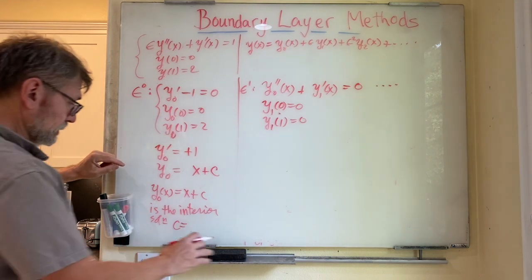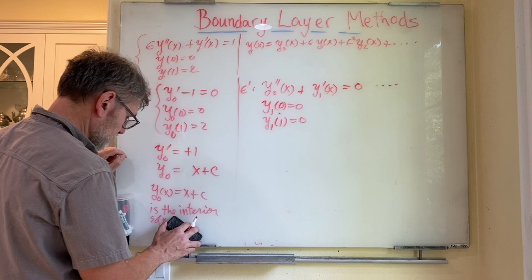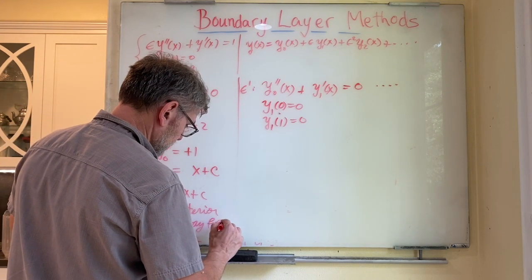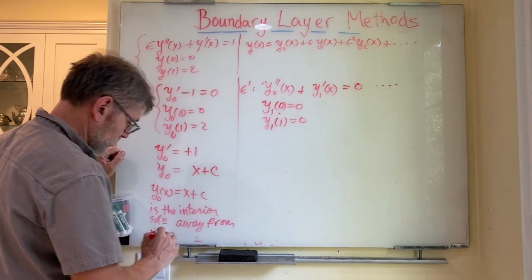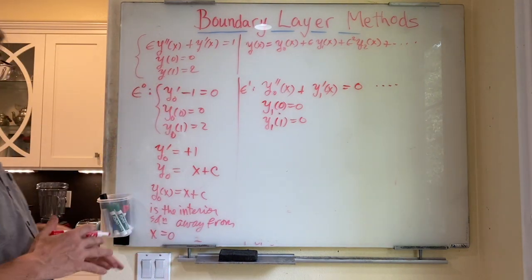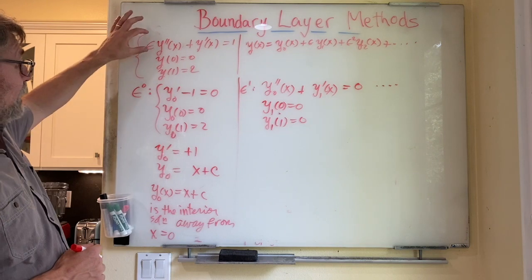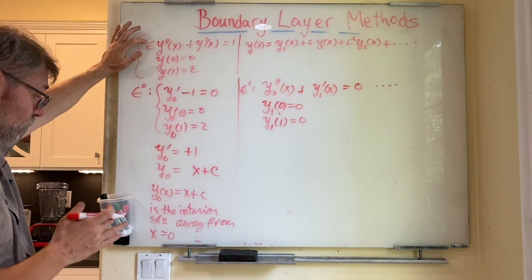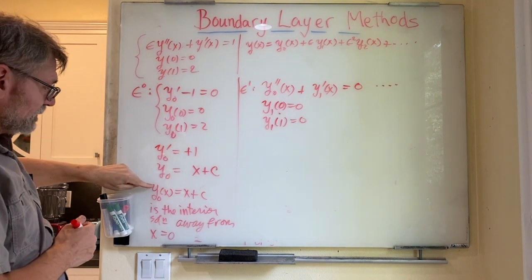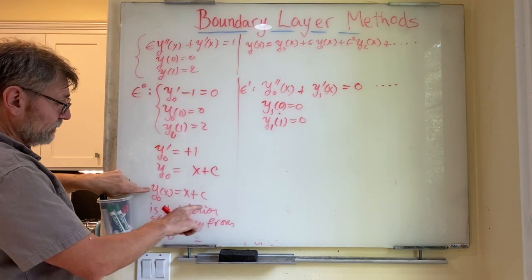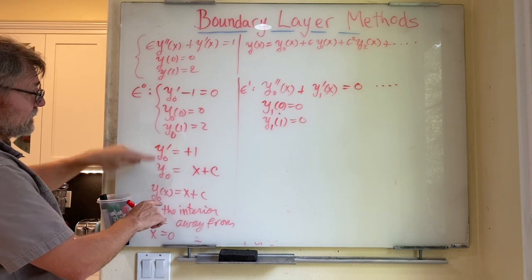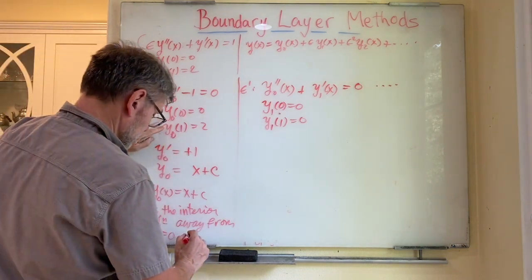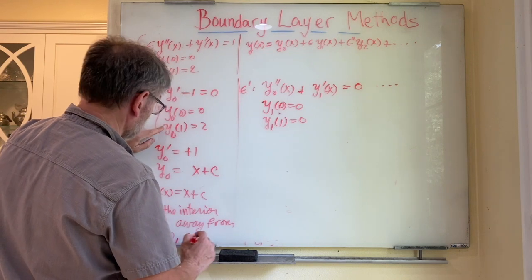So by the interior we mean the interior solution away from x equals 0. So at x equals 0, we're going to have a boundary layer where this term will have to become important, even though it's multiplied by epsilon, which is a small number. But away from x equals 0, then this is the valid solution. So if this is valid away from x equals 0, then it has to satisfy the boundary condition at x equals 1. So that means that c is equal to 1.